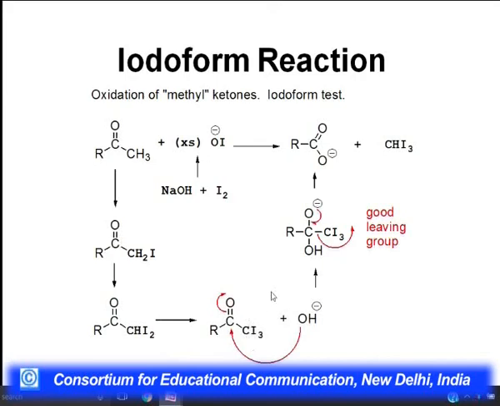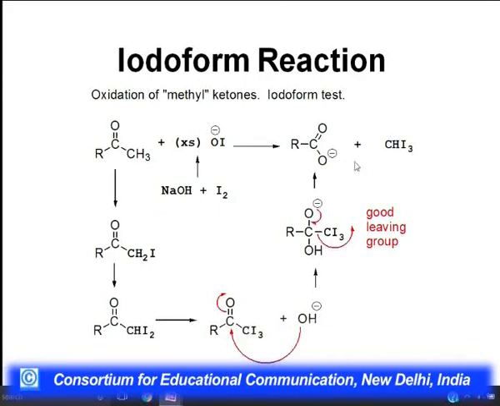CI3, being a good leaving group, will depart, and then it will abstract a proton from the carboxylic acid, resulting in the formation of a carboxylate ion and iodoform.